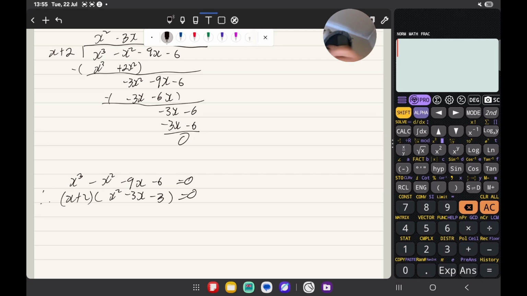So here you have x plus 2 equals to 0, or x squared minus 3x minus 3 equals to 0. So now here you can just say x equals to minus 2.